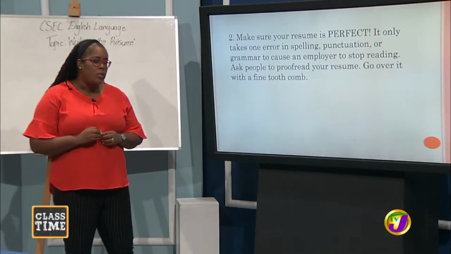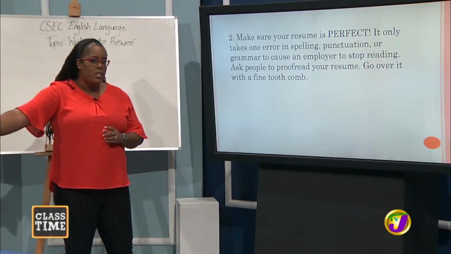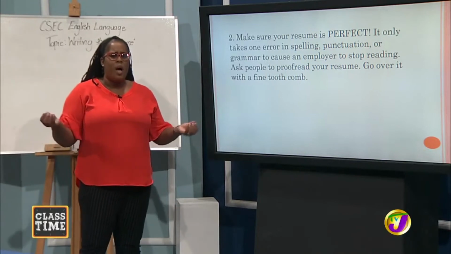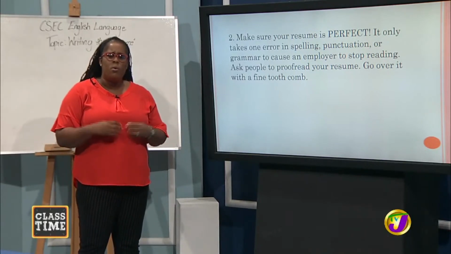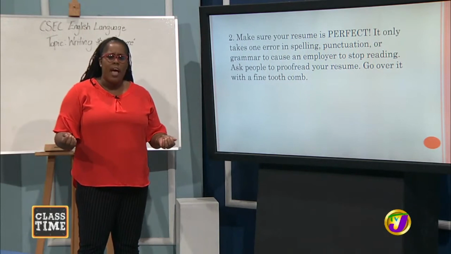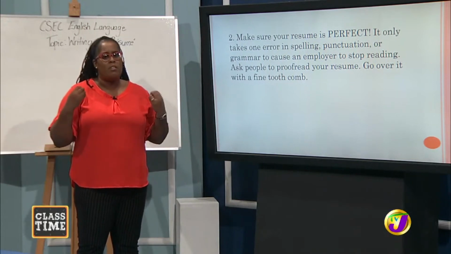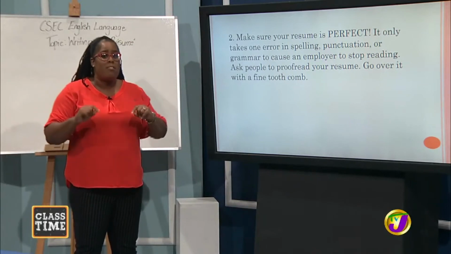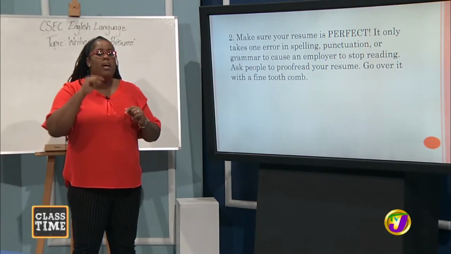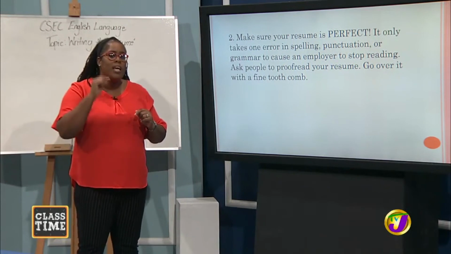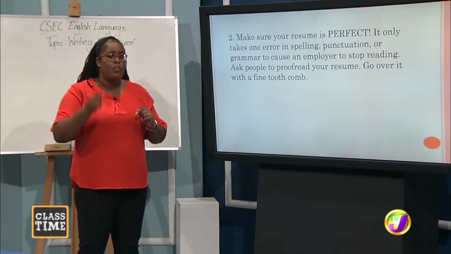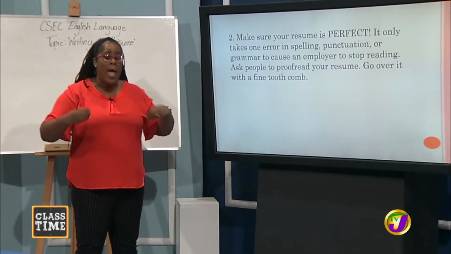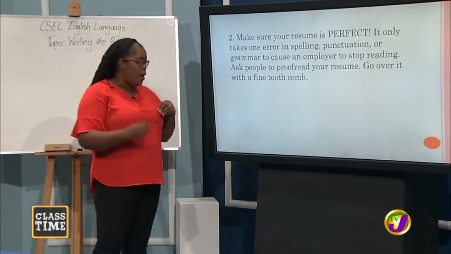What do you think will happen? File 13, right? Because the employer is going to say, this person doesn't know how to write. I'm wondering if this person even went to their English classes, right? So these are the things that you need to bear in mind. Our aim is to make our resumes perfect, because this is what is going to help us get that all-important callback, right? How perfect, how well done our resumes are.